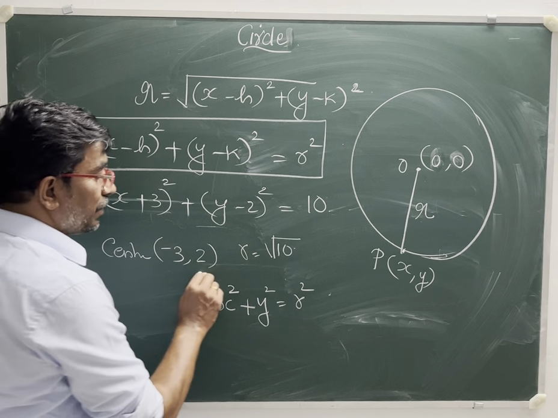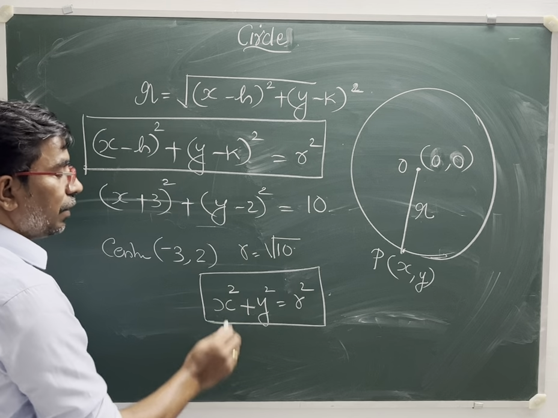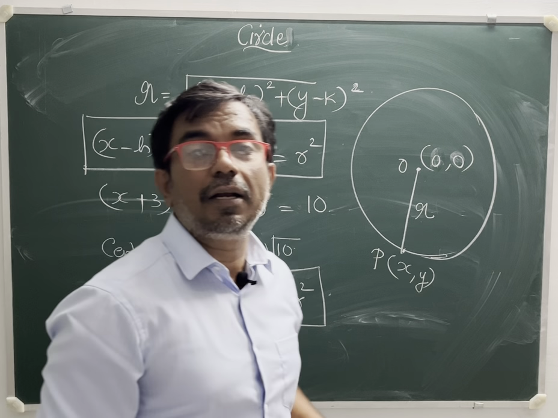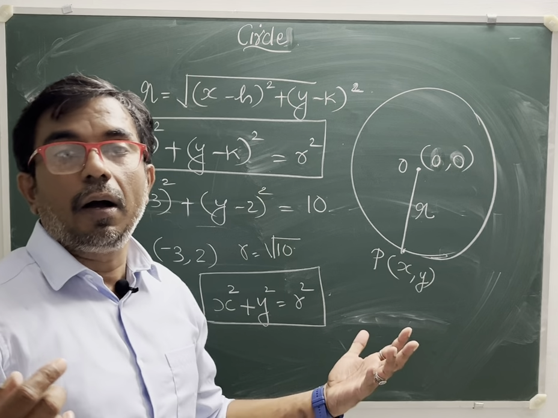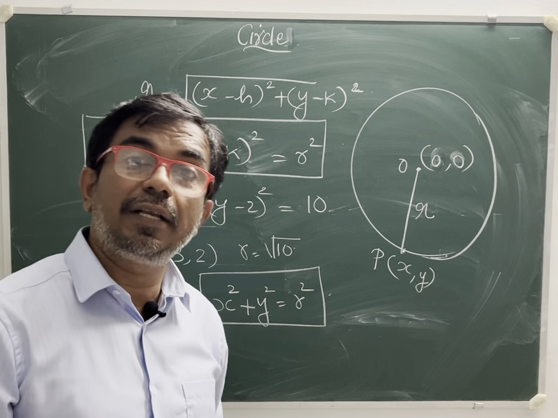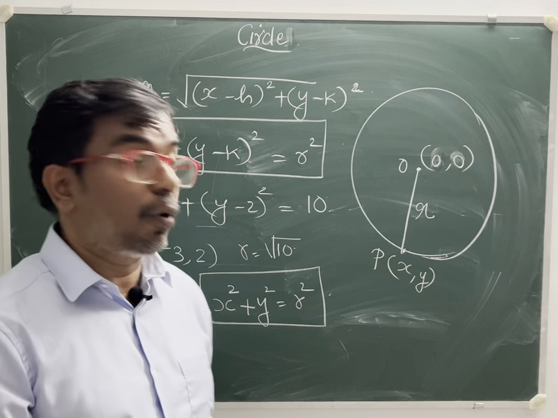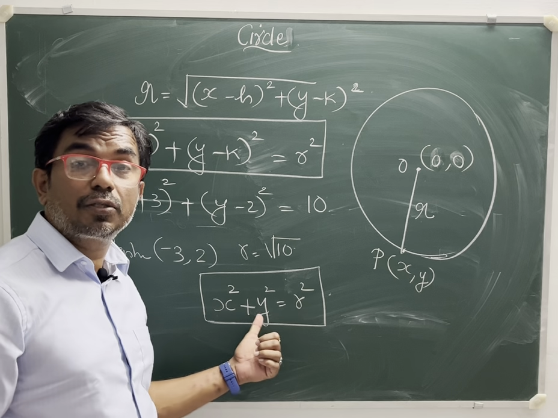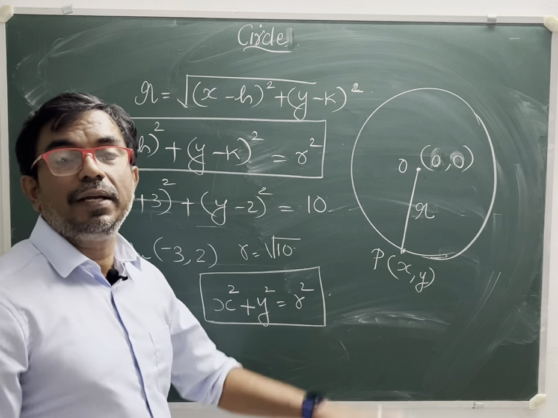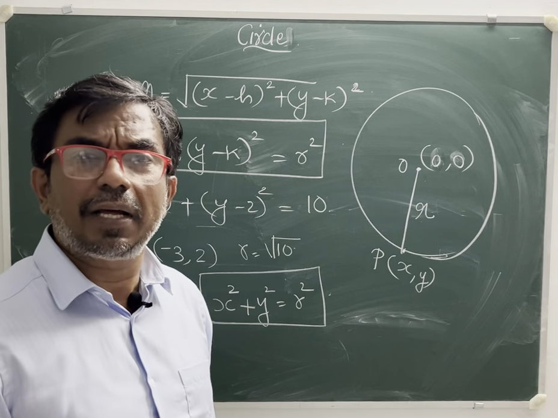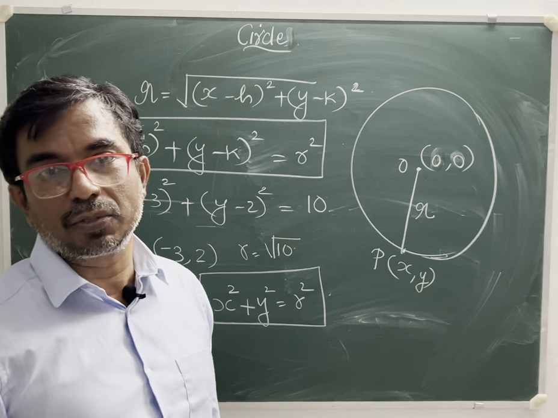This is the simplest way you can speak about a circle. If the center lies on the x axis, then x minus h the whole square plus y square is equal to r square. That way we can define it on the y axis also.